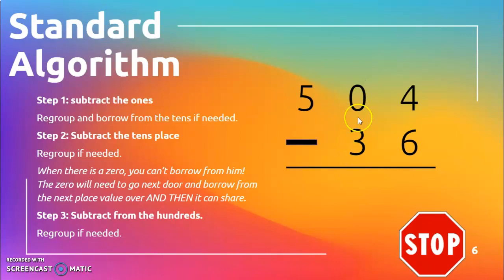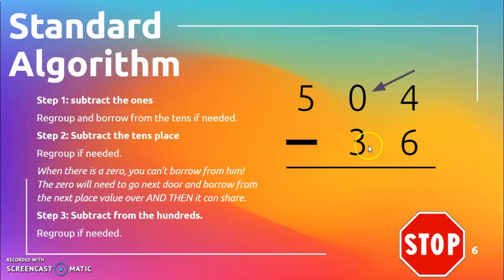Then I subtract from my tens place and regroup from there if needed. If there's a 0, you can't borrow from here. So the 0 will need to go next door and borrow from the next place over, and then it can share. Then my last step, I'm going to subtract the hundreds and regroup from there if needed.